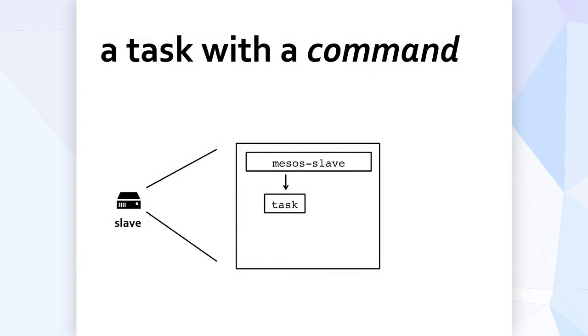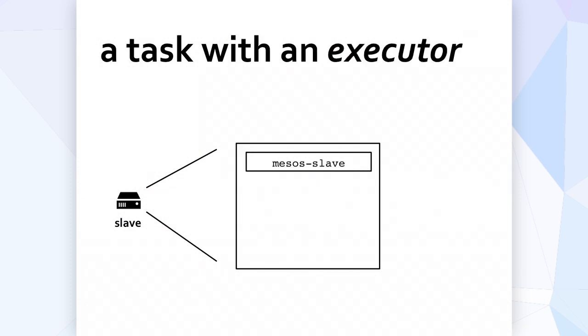If you think about the very beginning of the talk, where I talked about how workers in a distributed system will sometimes run multiple tasks, if you'd like more control, you can use an executor instead. When you give a task that has a particular executor, instead of launching the task, an executor is launched.